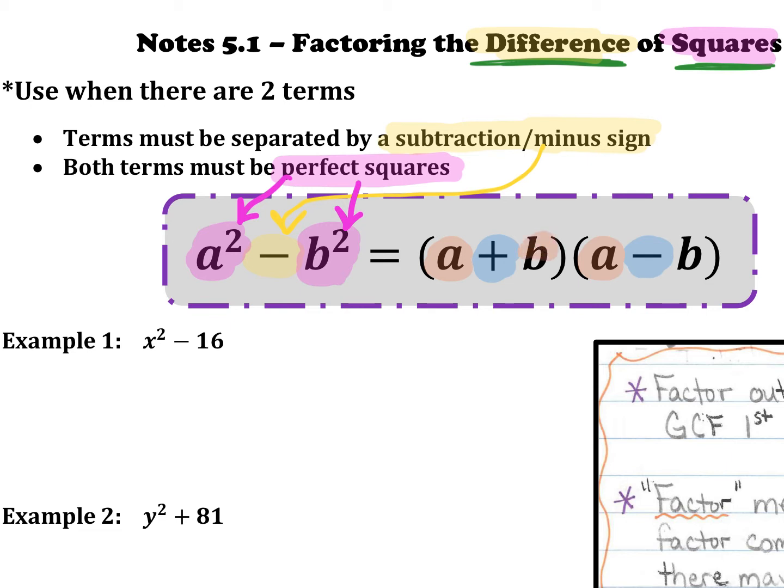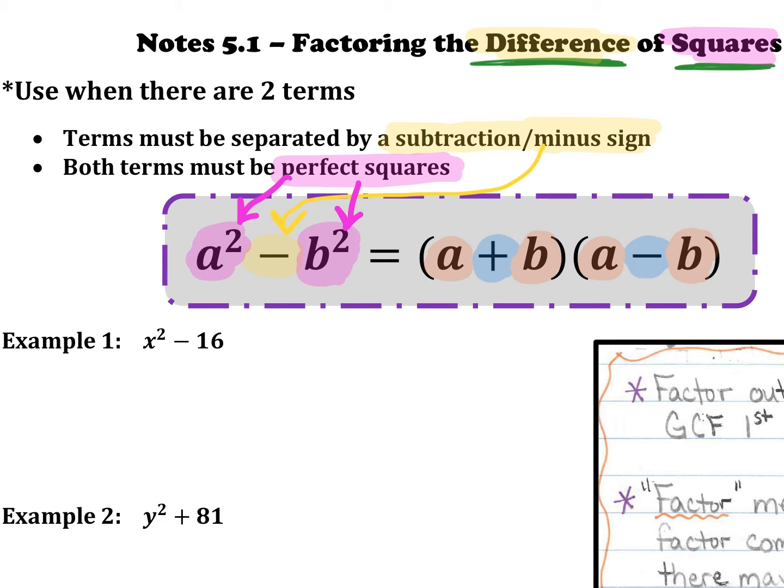And notice they're going to use a b after the plus and minus sign. So step one, we're going to ask ourselves, do we have a difference of squares? Does it fit this pattern? And then step two, we're going to actually apply the pattern where we split into two binomials, one plus, one minus, using those square roots. All right, ready to take a look at our first example?